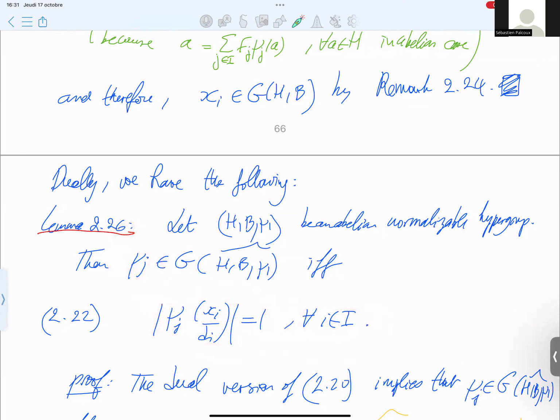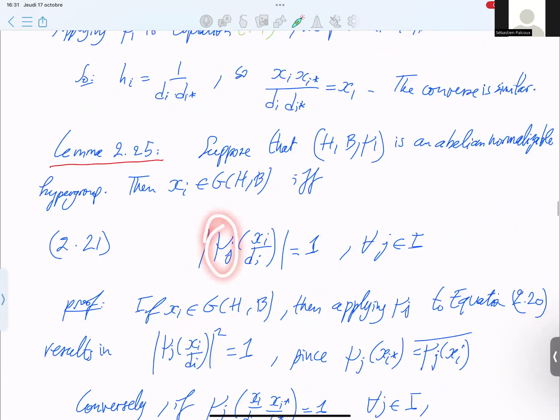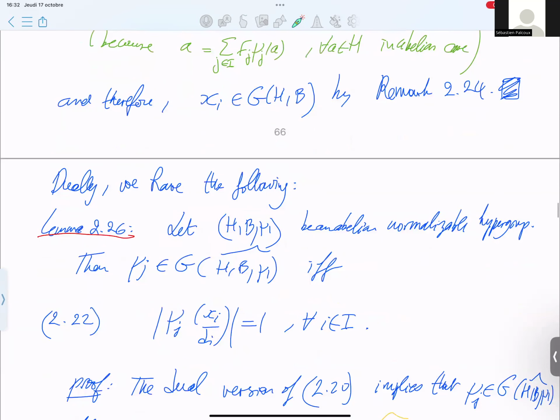The formula is the same, but for one, it should be true for all such elements, and here, it should be true for all such elements, because this corresponds to the linear character of the dual.